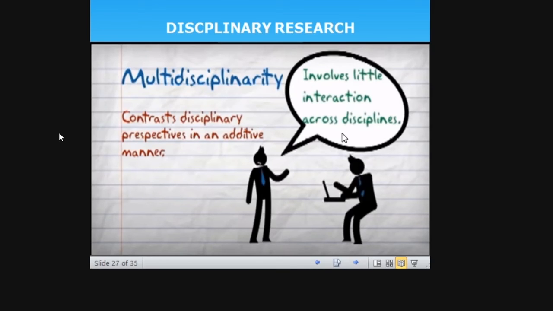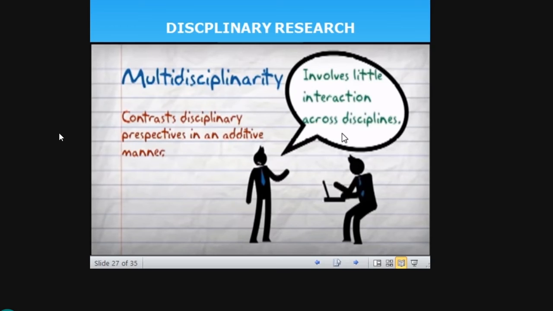Multidisciplinary contrasts disciplinary perspectives in an additive manner, with little interaction across disciplines. For example, I told you about a university project, right? The university is taking a project, and every department has to contribute their part.